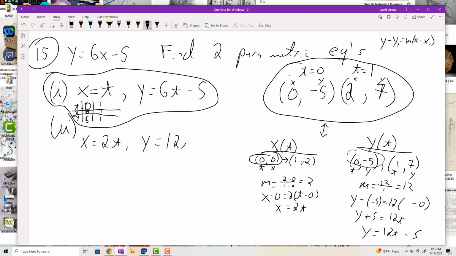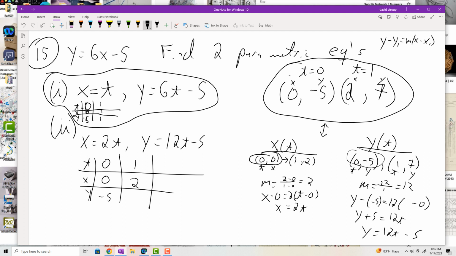So at the end of the day, 12t minus 5, and then you can make sure it works for these circumstances that I wanted. When t is 0, x will be 0 and y will be -5, and when t is 1, x will be 2 and y will be 12 minus 5, which is 7, and that's exactly what I wanted to happen.